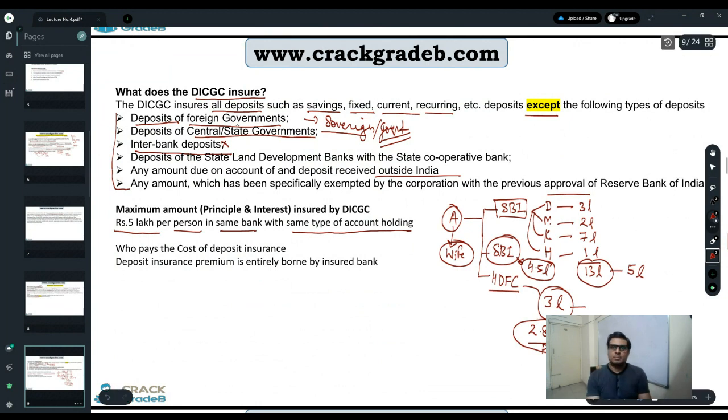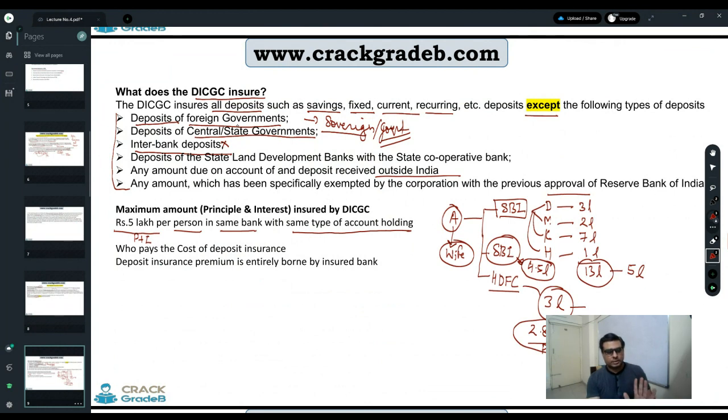The maximum amount is 5 lakh, inclusive of principal and interest. Per person means whether the person is an individual, a company, a joint Hindu family account, or a husband and wife joint account, it will get separate treatment, with the same type of account holding.